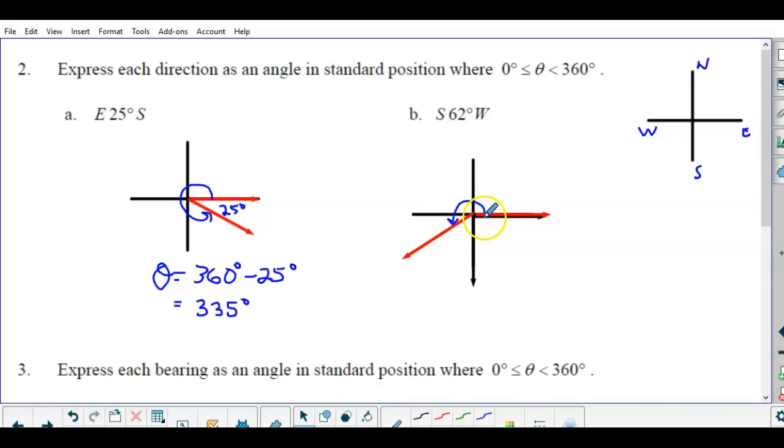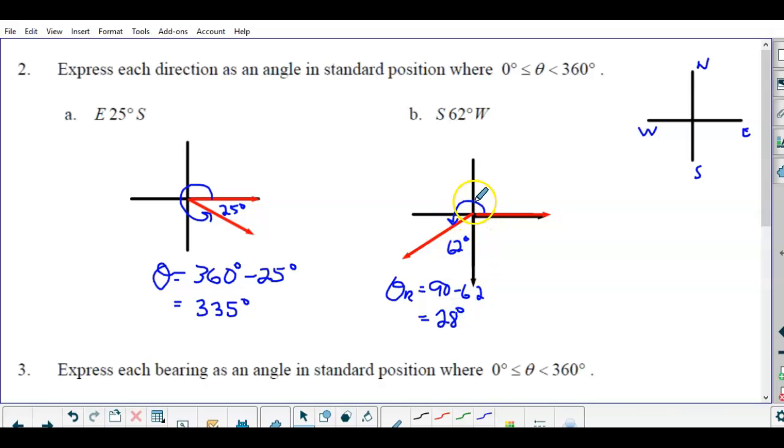So what is that angle that starts in the positive x and ends up here? We know this was 62 degrees. That's not even the reference angle, right? Because that's not formed with the x-axis. But we know each quadrant is 90 degrees. So this reference angle here would actually be 90 minus 62, which is 28 degrees.